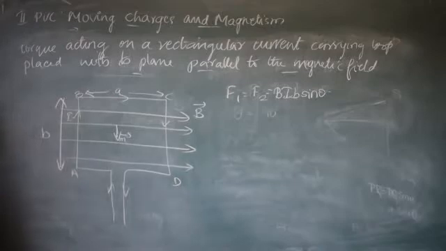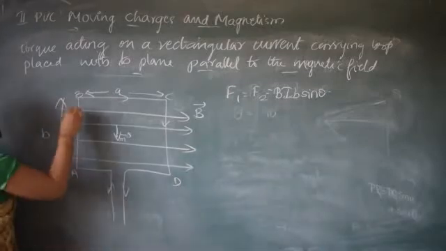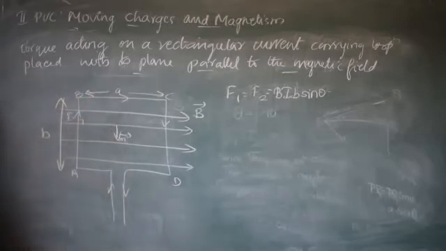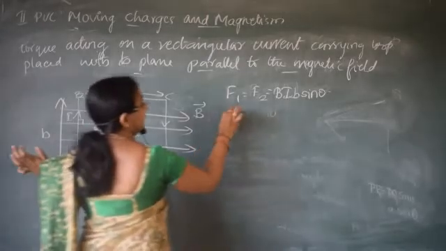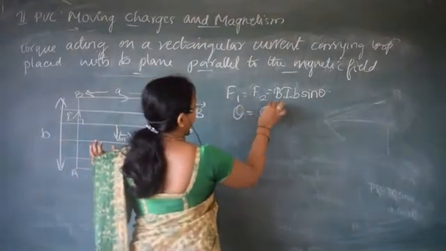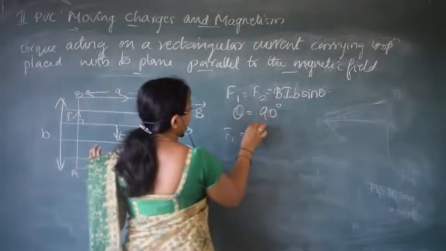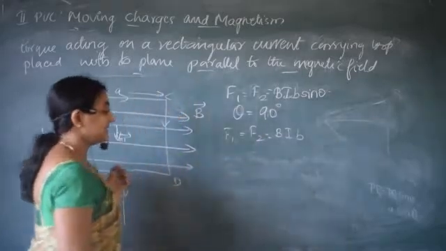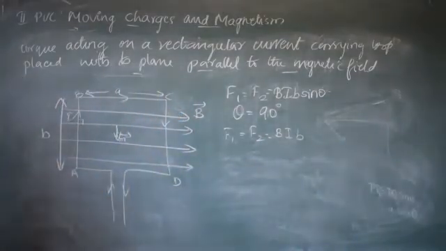Theta be the angle, which is nothing but the angle between the magnetic field and the current, that is 90 degrees. So theta is equal to 90 degrees. Hence we can write F1 is equal to F2 is equal to BIb. Since they are not collinear, there acts a couple, same concept as before, correct?